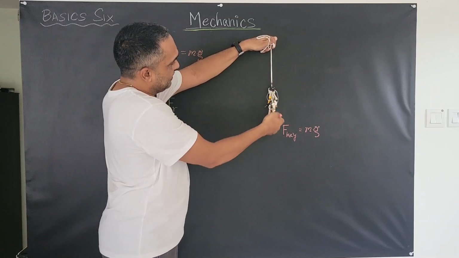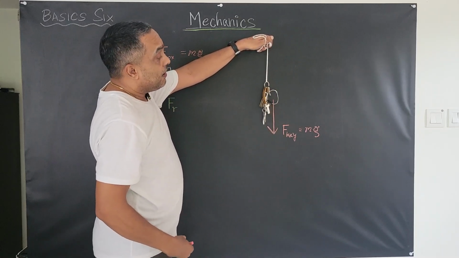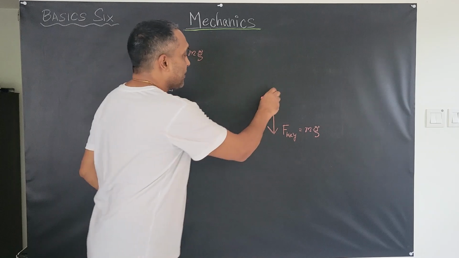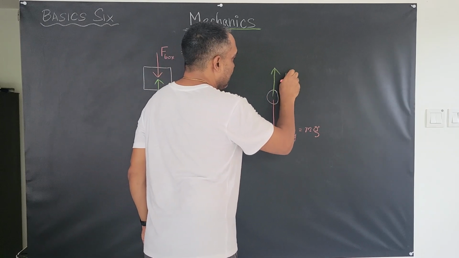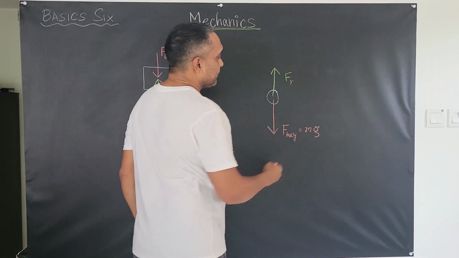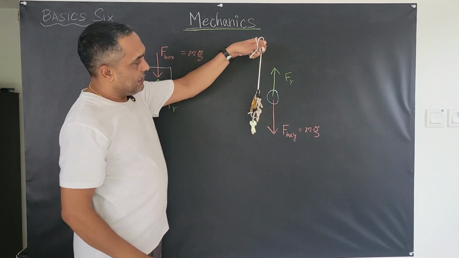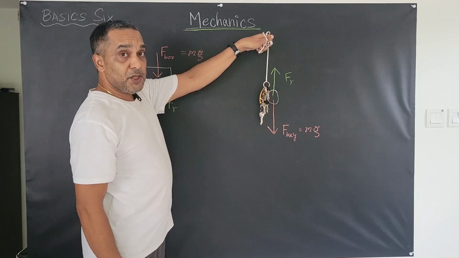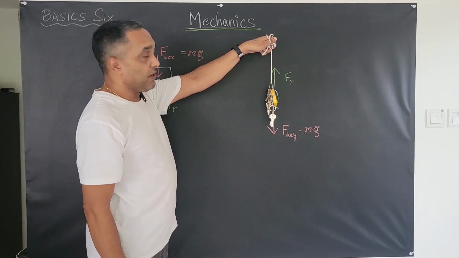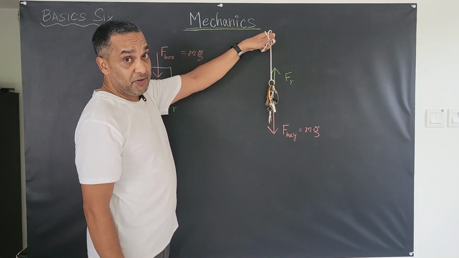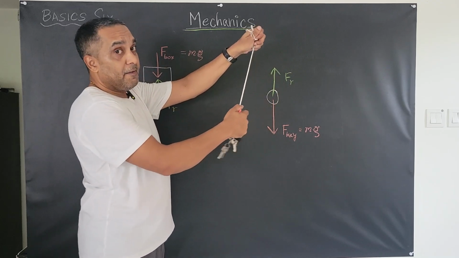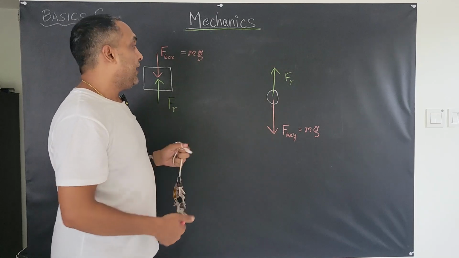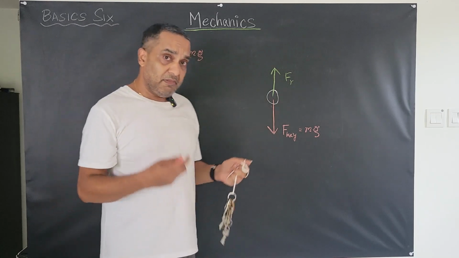That means the string is applying an equal and opposite force, and that's the reactive force, Fr. For this bunch of keys to stay in this position, these two forces are equal and cancel each other out. If I cut the string, it would just fall. That's really the idea I want to leave you with.